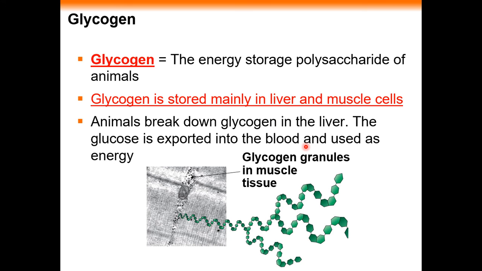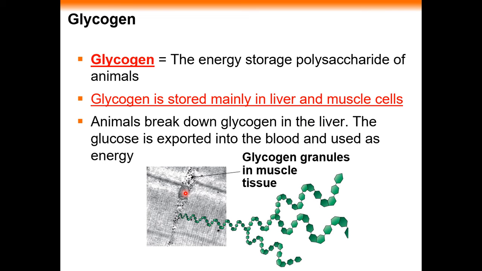Then, whenever we need food, like I ate a bagel 2 hours ago, and now I'm kind of getting hungry again. I'm always eating, right? But when you're not eating, you still need to feed your body cells with some sugars. So you break down the stored glycogen in the liver, and then you send it all throughout the blood.